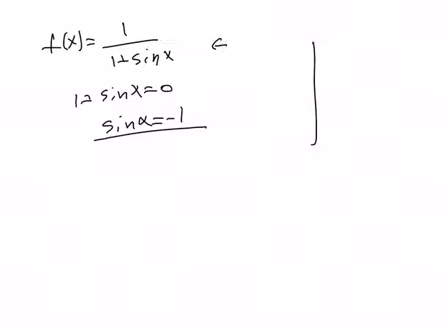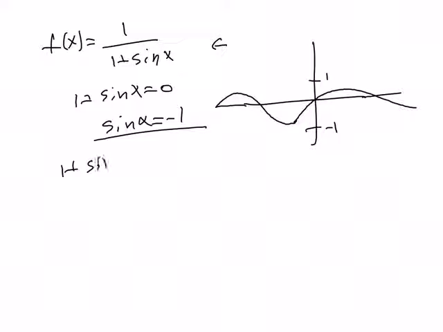And the reason for that is, sine of x looks something like this. That's sine of x, and this is going to be negative 1, and this is 1. So 1 plus sine of x is going to be the same thing, just shifted upwards.